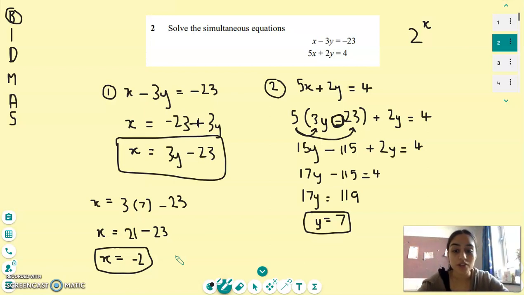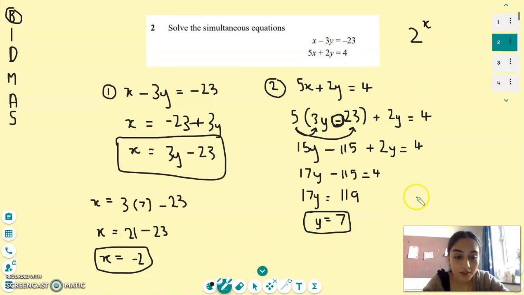What's really good to do at the end of the question is check your answer. The way you can check it is you can substitute the values into the equation which you didn't substitute into before. So for example, I'm going to put minus 2 here and 7 here and see if we get 4.